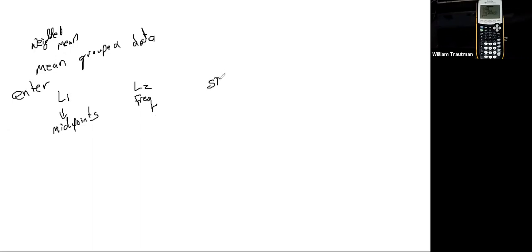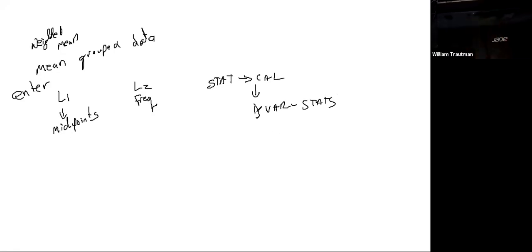Then we're going to go to stat, calculate, number one, 1-Var Stats. It's going to say list. We're putting in L1, and it's going to say frequency list.